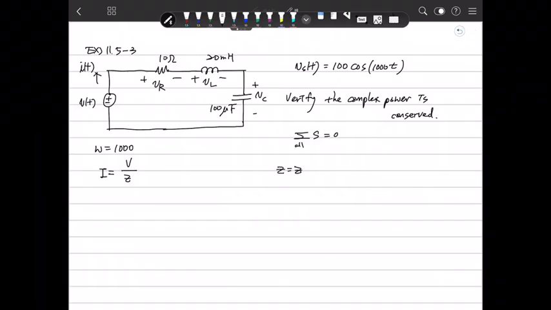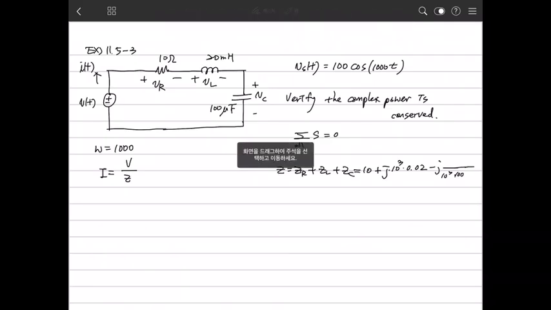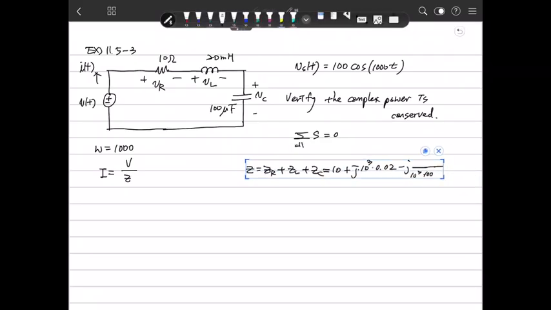Z is ZR plus ZL plus ZC. ZR is 10, ZL is j omega L, which is j times 1000 times 0.02, and ZC is minus j over omega C, which is 1/(1000 times 100 microfarad).